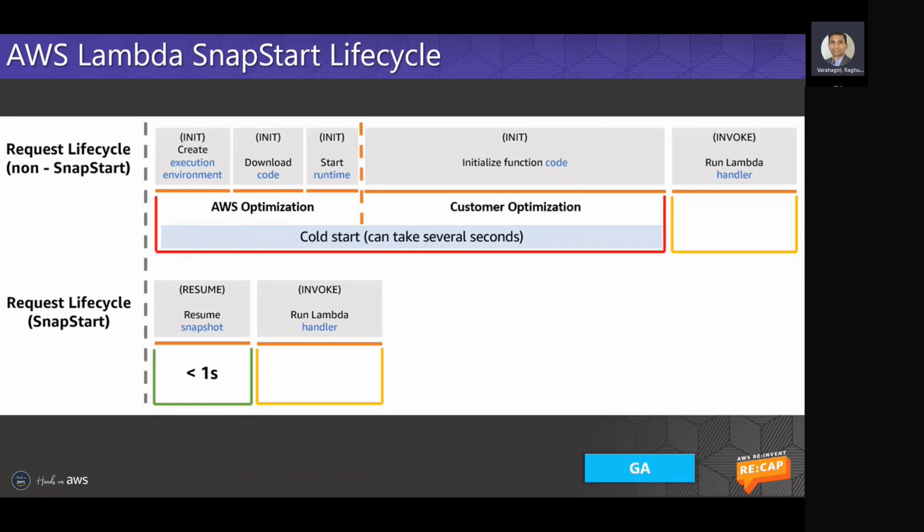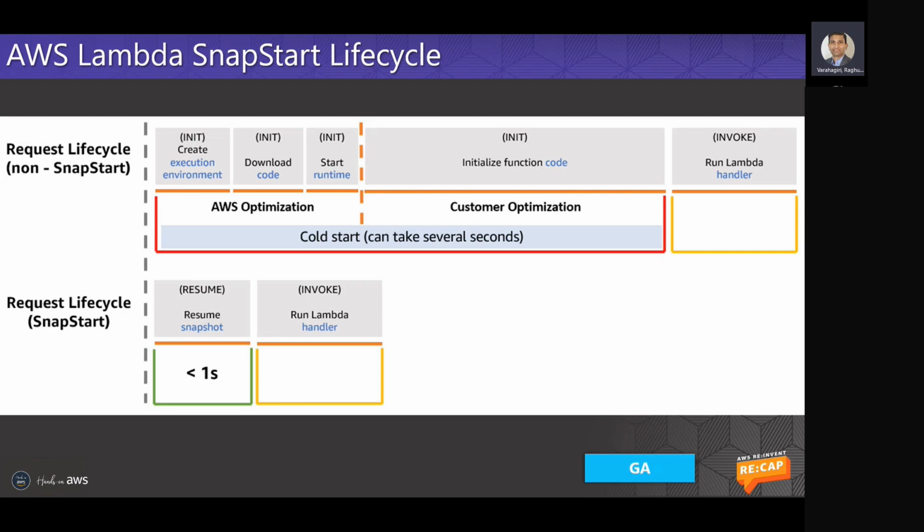So instead of starting with a bare bones or blank virtual environment and initializing it from scratch every time a Lambda cold start happens, for every Lambda function, they run the initialization step once you publish a new version of the Lambda function, and take a snapshot of the virtual machine at that stage before the handler execution starts, and then store the snapshot or the image of that virtual machine in that state, right?